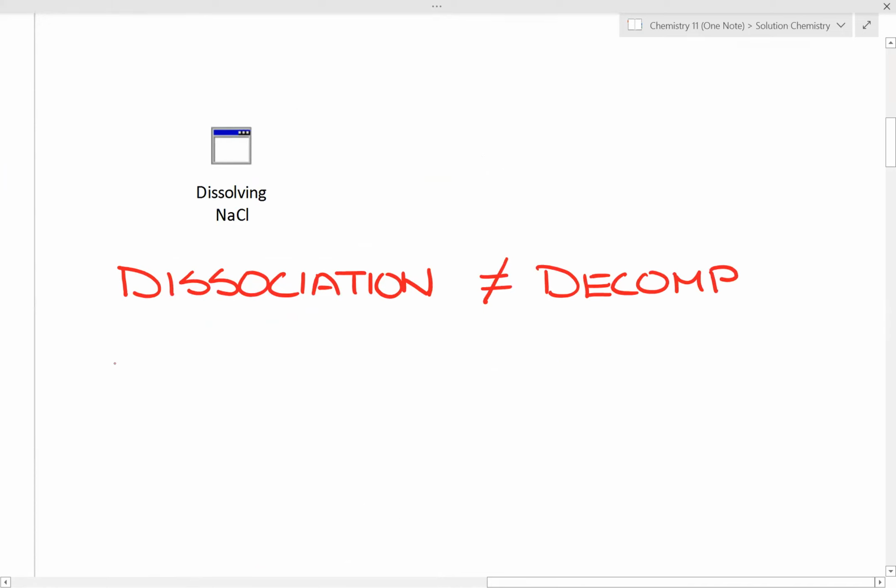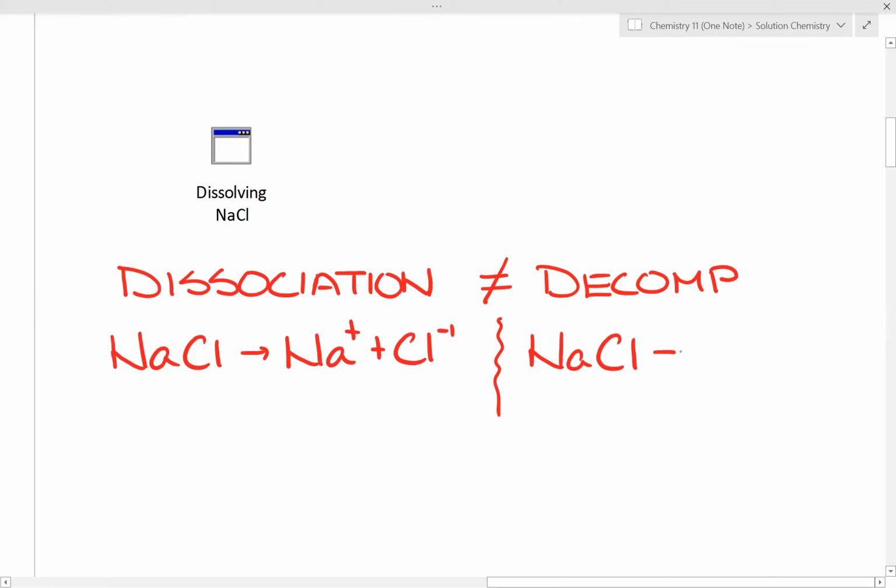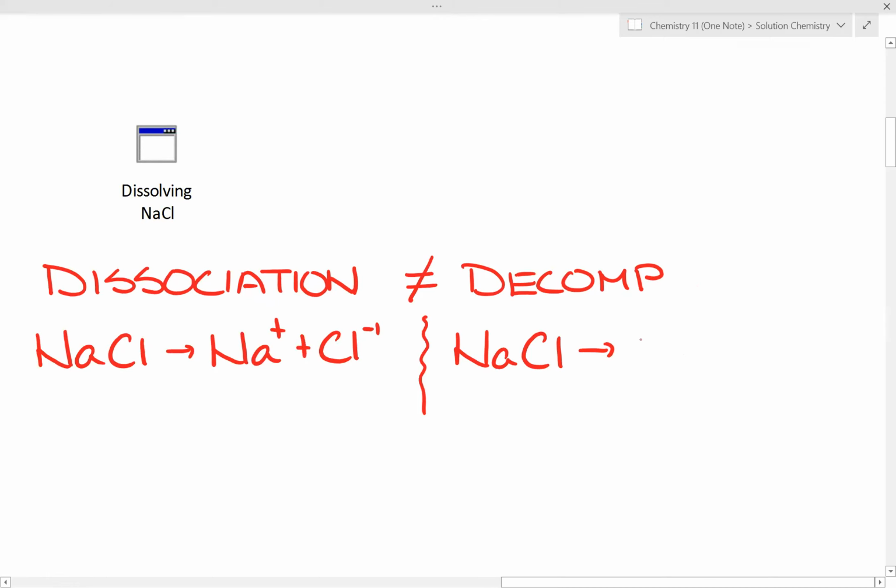Now, dissociation would be something like NaCl breaking apart into Na+ and Cl-, and this is in solution. Decomposition would be breaking apart into its neutral elements, Na and Cl2.